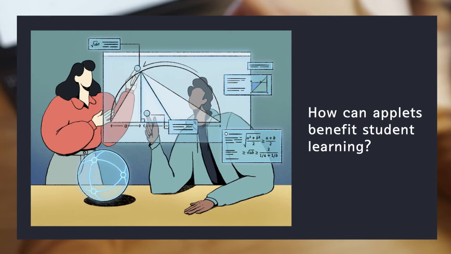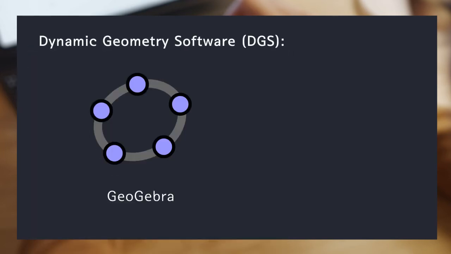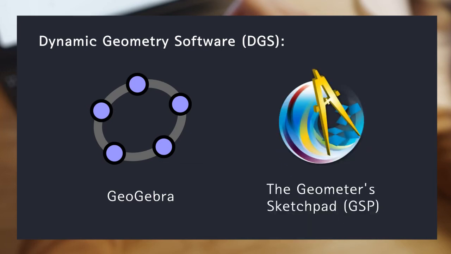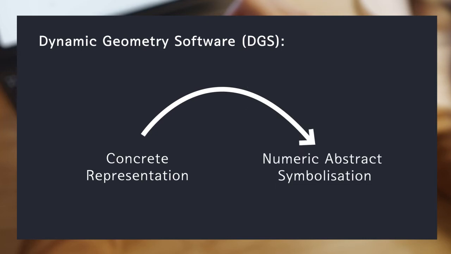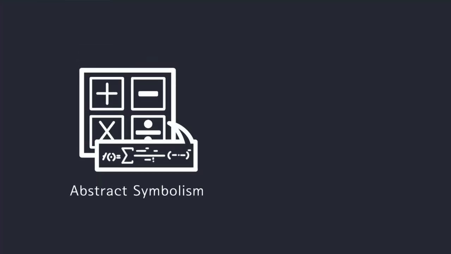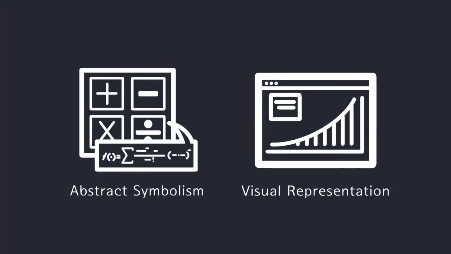Sure, Ami. Using DGS such as GeoGebra and GSP makes it easy to transition from concrete representation to numeric abstract symbolization. Learning takes place in various ways for different people. While some learn through abstract symbolism, others require visuals to examine properties and relationships between objects.